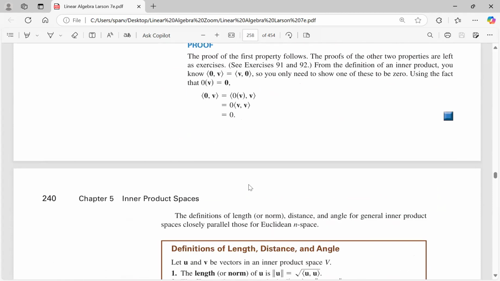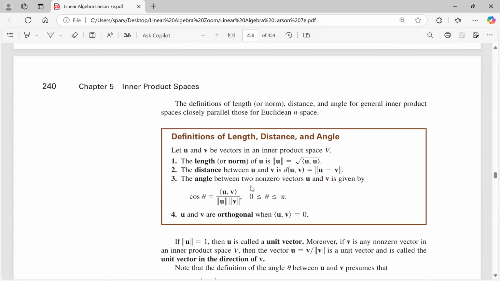Now, let's see. This is the definition of length, distance, and angle. The length of the vector. Again, folks, a lot of these are easy to relate to or remember if you connect them to section 5.1, where we talked about the Euclidean inner product.